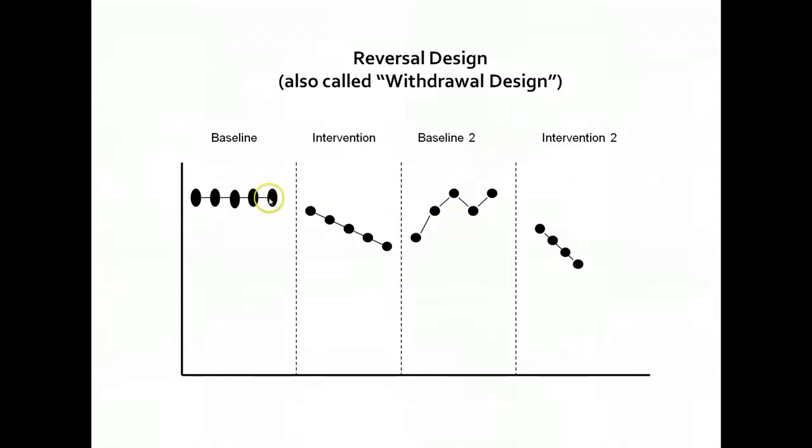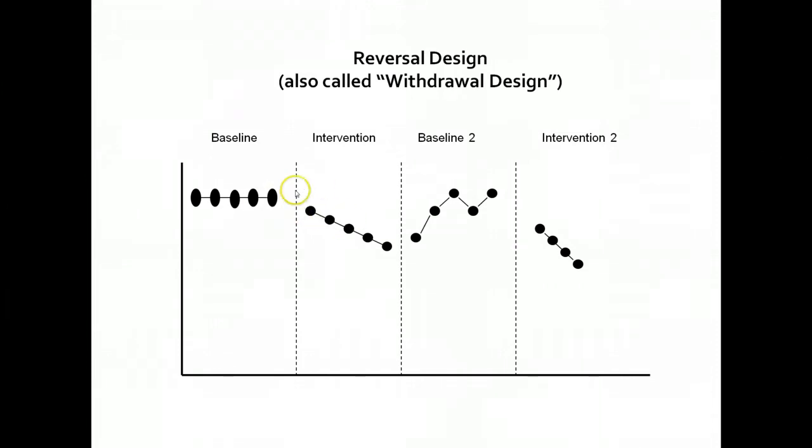I saw this intervention have an effect once. I saw it have an effect here because when I took it away, it started going back to where it was. And then I saw it have the same effect here. 1, 2, 3 times. Now, in an A-B design, it's possible that some chance factor, dad gets out of jail and all of a sudden the kid's in a better mood and he's not feeling too disrespectful.